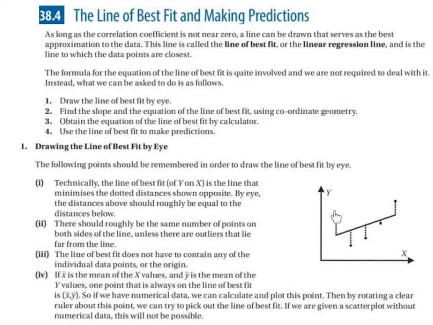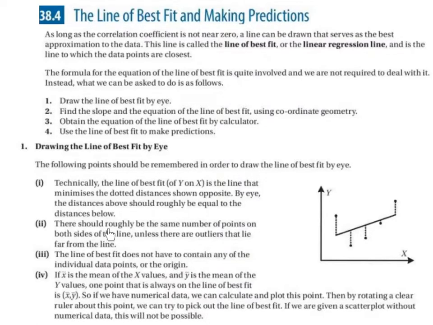So here we can see 5 data points, and this is the line of best fit that's cutting through them, and we can see the distance from this data point to the line is roughly the same as this data point to the line. Obviously this one is not, but you're not always going to get it exactly perfect. So pretty much 4 out of 5 of these points are equidistant to the line. This is the only one that is not.